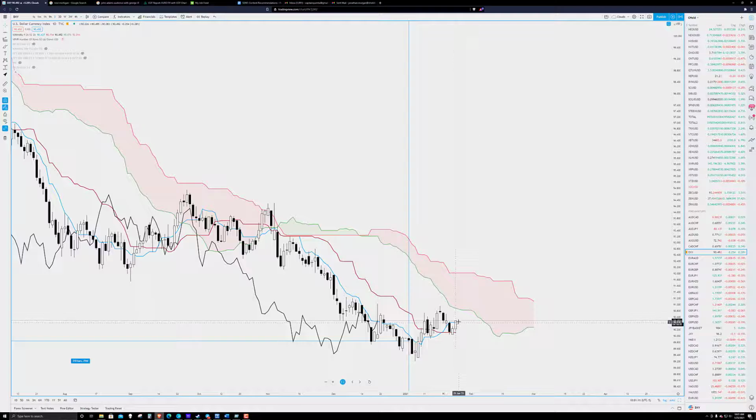For me, if I'm trading, I don't really trade the dollar index, but if I see this kind of condition on a daily chart, which I have on the Swiss, I'm currently long on the Swiss dollar. When I see this kind of a condition on the daily chart where we have crossed above the Tenkan Sen, and if we close above it, that to me is a great opportunity to consider going long.